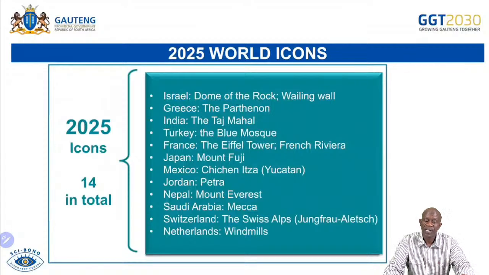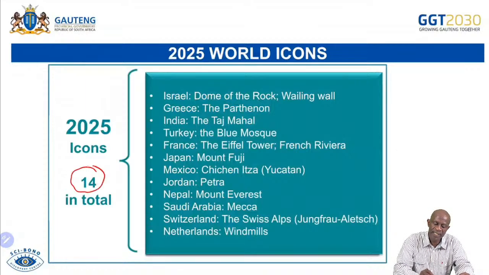Now, these are your prescribed icons for 2025. These are not the only icons, but for this academic year, grade 12 learners, you need to invest all your energy, all your focus to these 14 world icons listed on the slide here.